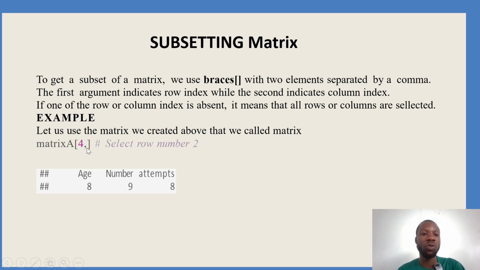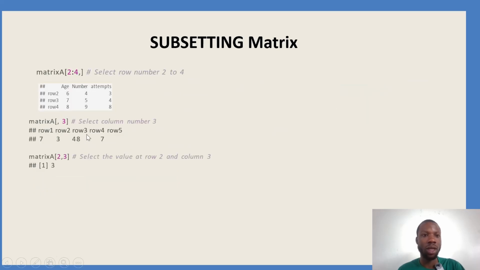But if you need to look for the columns only, you will need to type the columns and specify those things as well. But if you need to look for this specific value, you have to indicate the row and the column at the same time, where you can say 4 comma and then put the column number at the same time. And that's what we have done here.